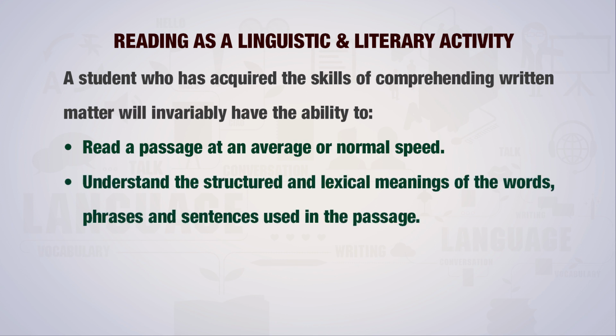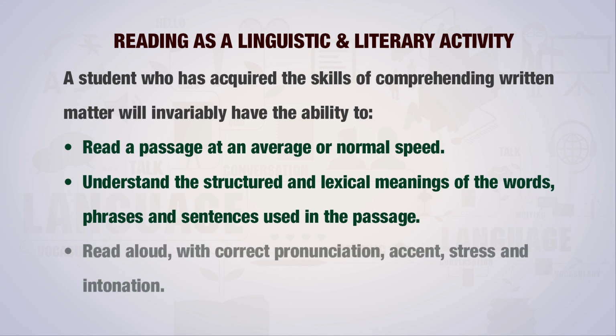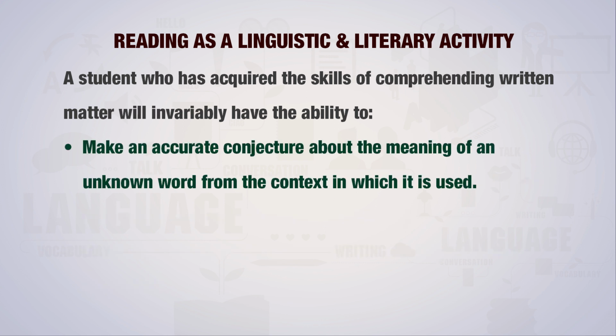He will be able to understand the structural and lexical meanings of the words, phrases, and sentences used in the passage. He will be able to read aloud with correct pronunciation, accent, stress, and intonation. He will be able to make an accurate conjecture about the meaning of an unknown word from the context in which it is used.